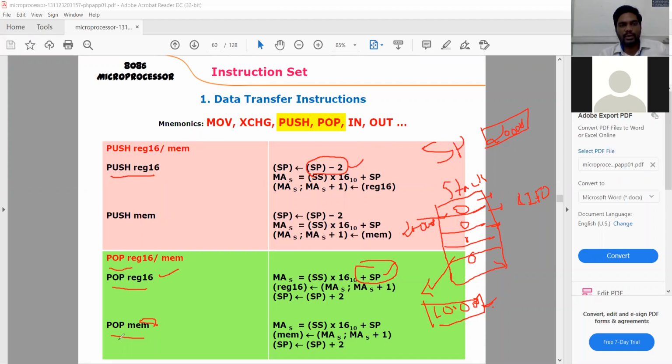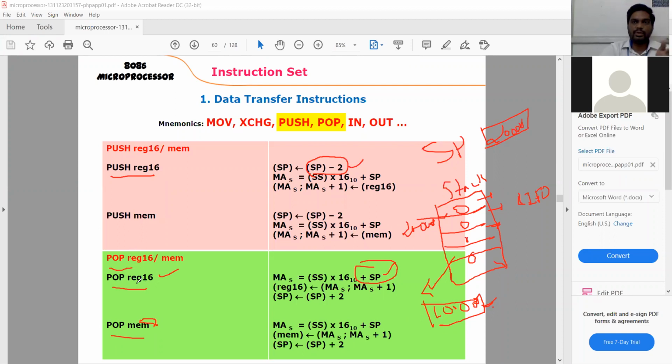Similarly, when we use this repeatedly, this address will get incremented: 1001H, 1002H, 1003H, 1004H in that manner. That is how the push and pop instructions are used to access the stack segment.